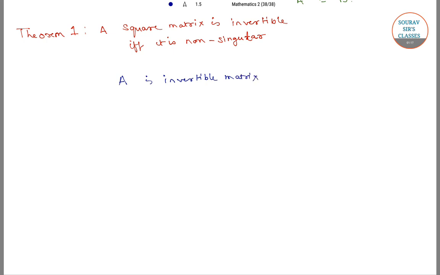Then there exists a matrix B such that AB = In = BA, where A and B are matrices of order n.